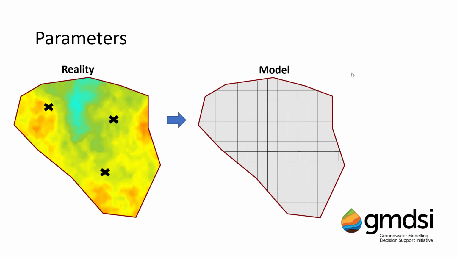These can include any model input, such as hydraulic properties, like hydraulic conductivity, storage parameters, recharge, values of boundary conditions, and so on. And as previously discussed, these parameter values in the model cell actually represent some upscaled average of the real-world system properties and processes.